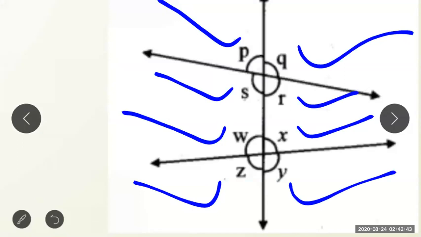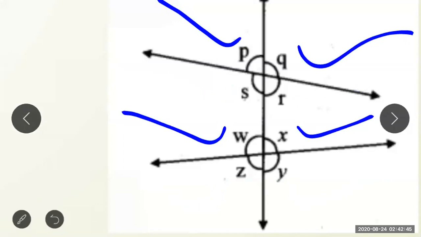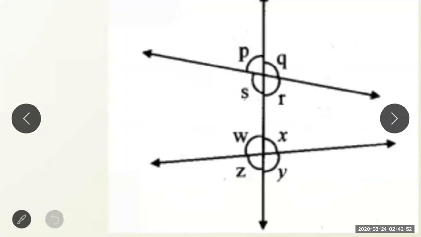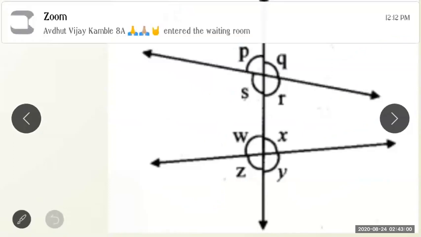Now next they have asked you for interior alternate angle. What is an interior alternate angle? Interior means inside, alternate means the opposite of that angle. Here we find the interior angle first, that is angle S. This is inside.